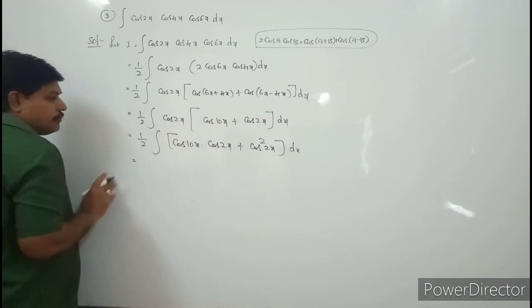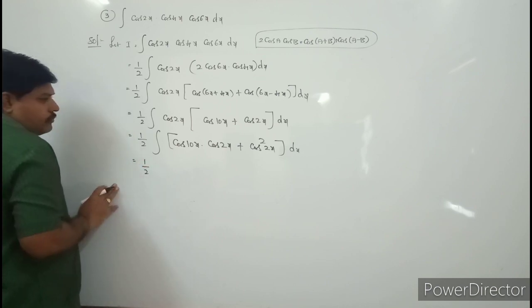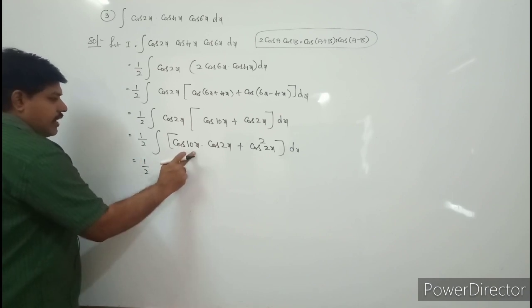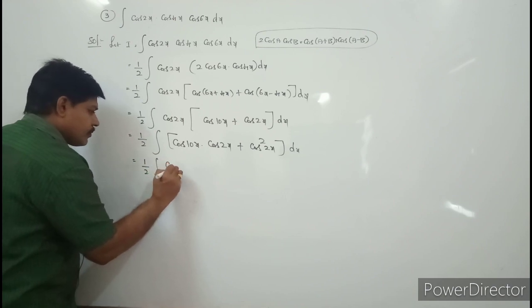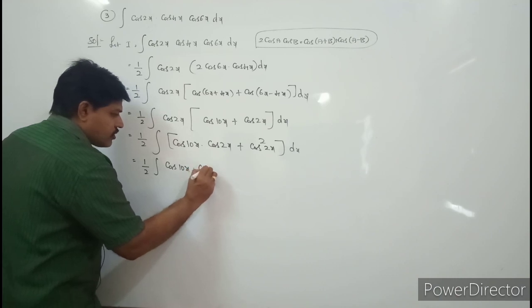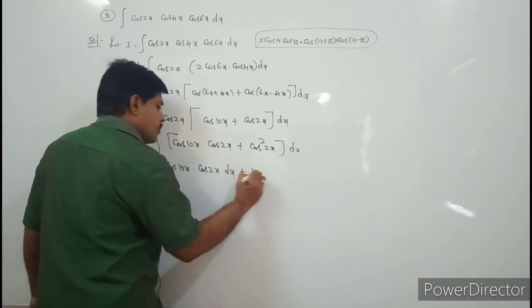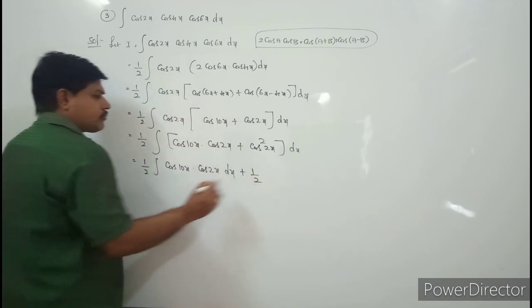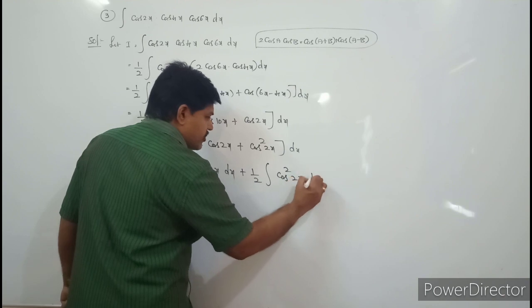So that is equal to 1 by 2 into the integral of cos 10x into cos 2x into dx plus 1 by 2 into the integral of cos square 2x into dx.